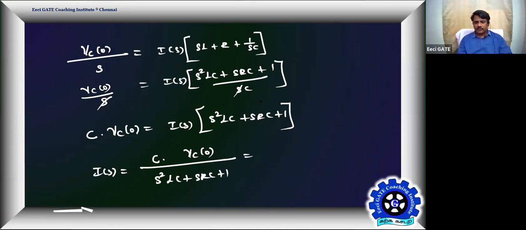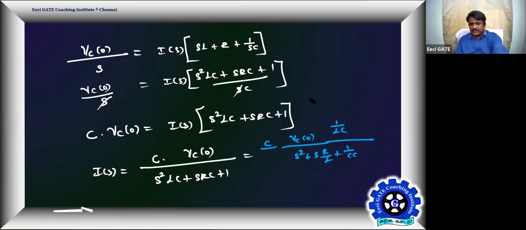So with LC out, resulting in (C/LC)·VC(0) divided by s² plus s·(R/L) plus 1/LC. Don't discard this 1/LC, take it as 1/LC, so that it will resemble your second order. That's a better way. So that's your I(s).